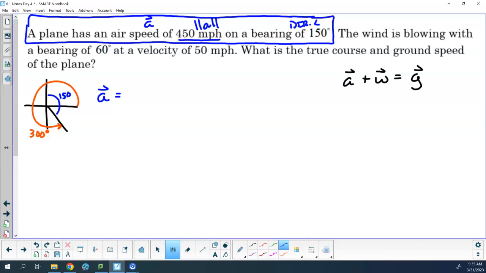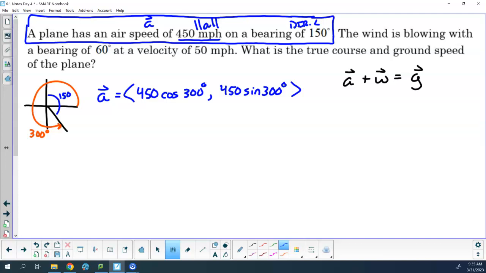So, give it to me. 450 times the cosine of 300, because I use the trig angle because I'm computing. Comma, 450 times the sine of 300.